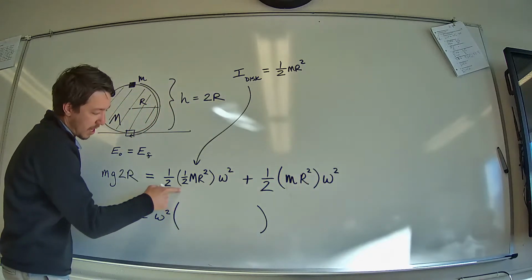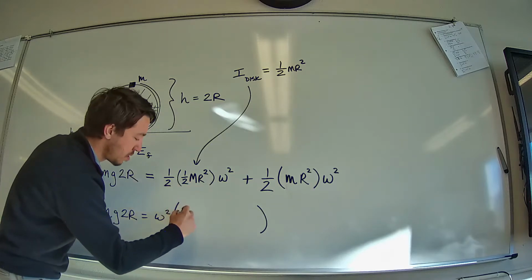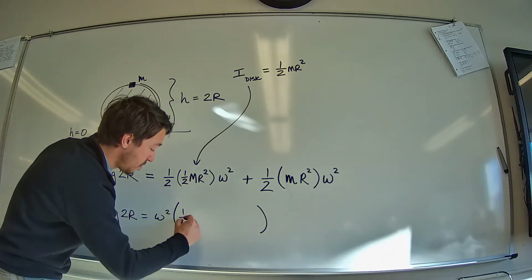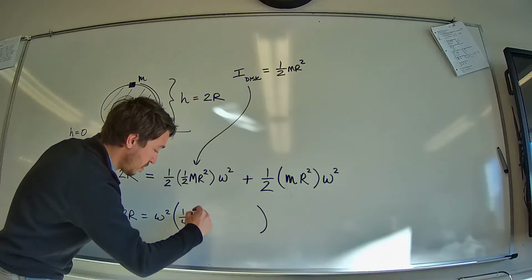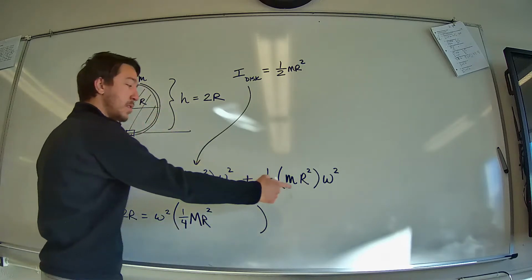Now what's left over from this term when I factor out the omega squared? 1/4.